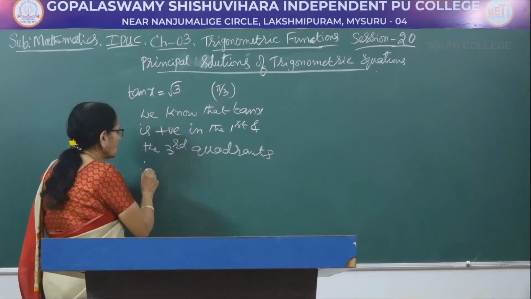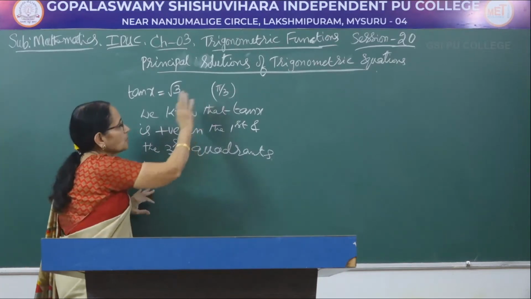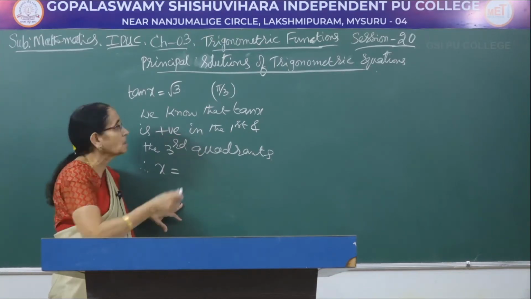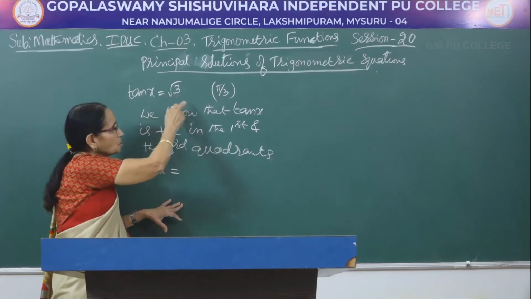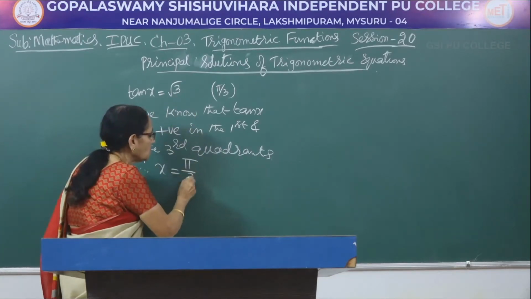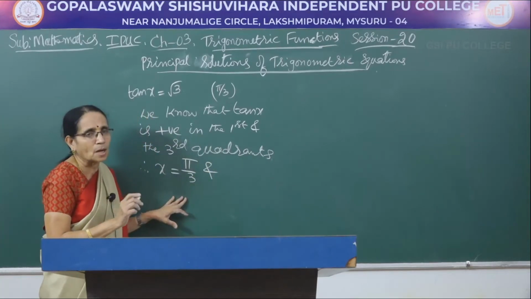Therefore x is equal to, now write the corresponding value. What is the first value? The acute angle that lies in the first quadrant. You know that when tan x equal to root 3, it would be 60 degree. That is, x would be equal to pi by 3. That means the angle I have taken in the first quadrant is an acute angle.